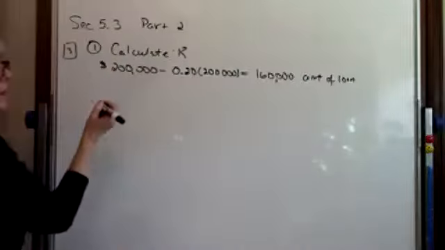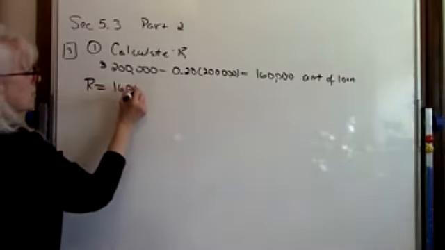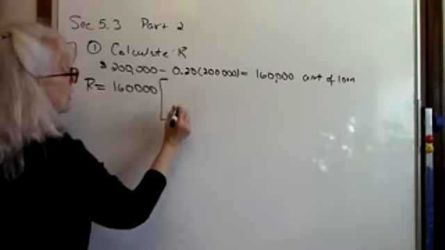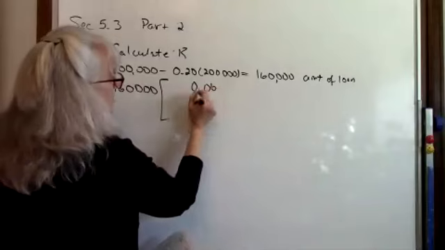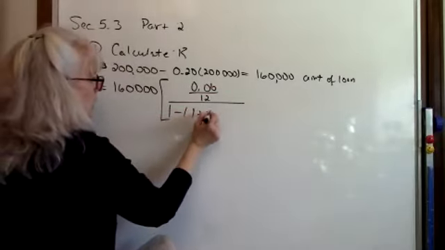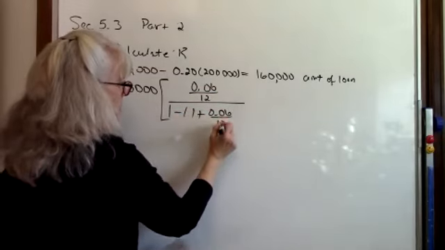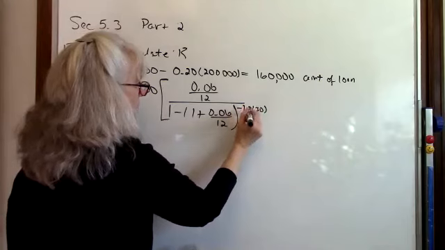So now we'll come into our amortization formula. So R is equal to the 160,000, the amount that they borrowed, times the interest rate, in this case 6%, 0.06. We're still making monthly payments, over 12. 1 minus 1 plus 0.06 divided by 12. And in the beginning, they're supposed to pay for 30 years, so negative 12 times 30.